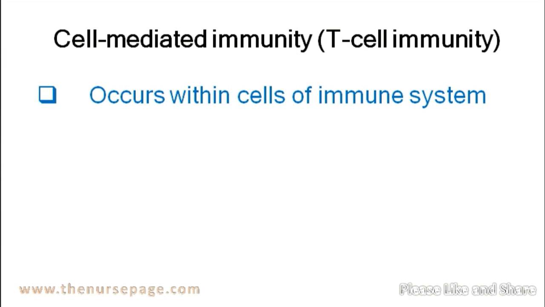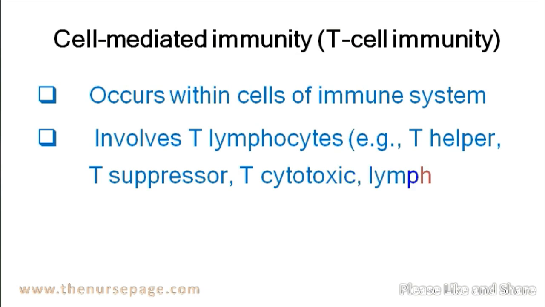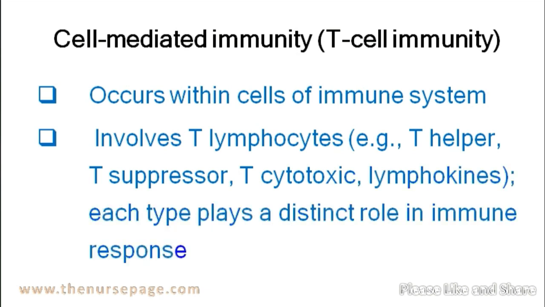It occurs within the cells of the immune system and it involves T lymphocytes. Examples of T lymphocytes are T helper cell, T suppressor, T cytotoxic, lymphokines. Each type plays a distinct, separate role in the immune response.